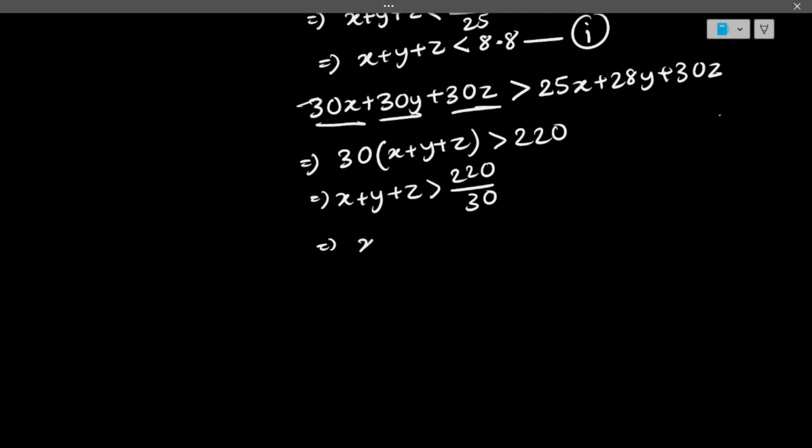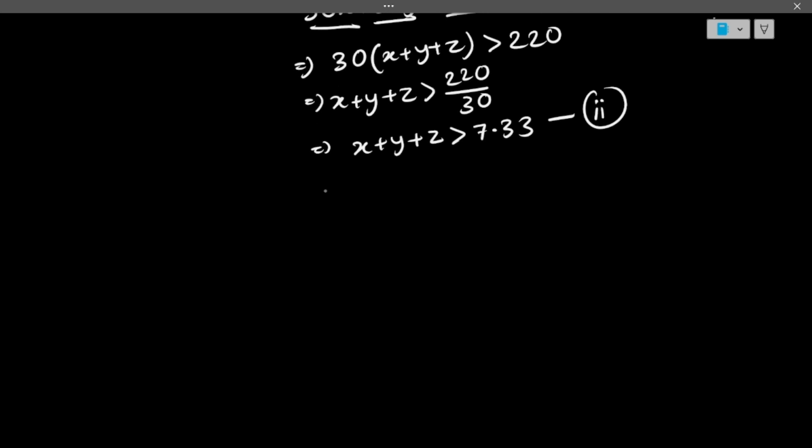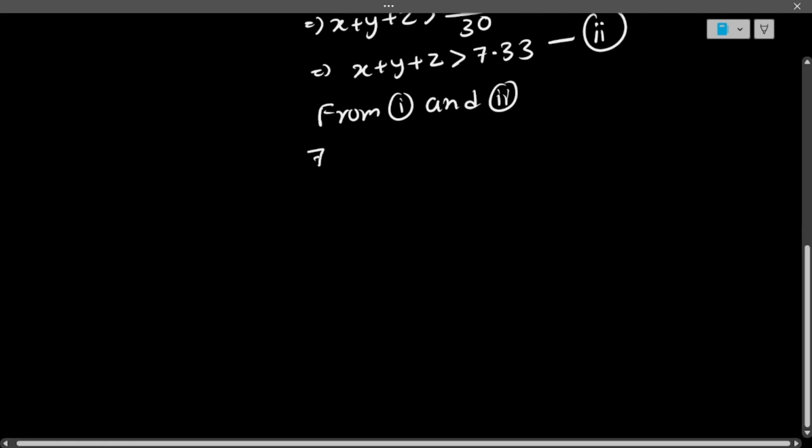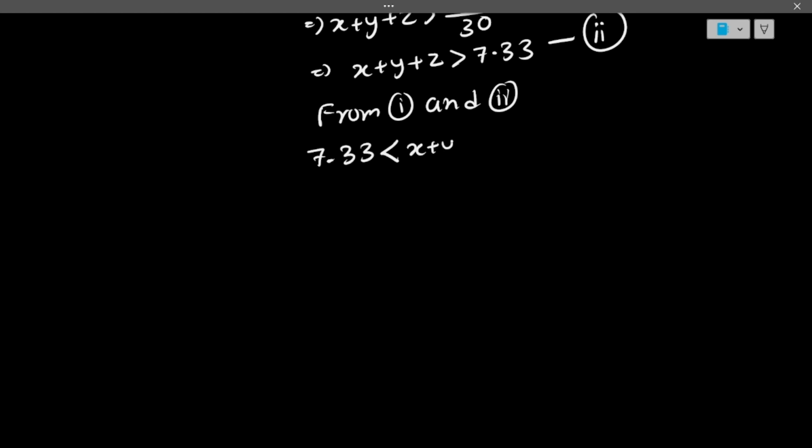Now 220 divided by 30 is approximately 7.33. So this is our inequation number 2. So from 1 and 2 we can say that 7.33 is less than x plus y plus z, which is less than 8.8.